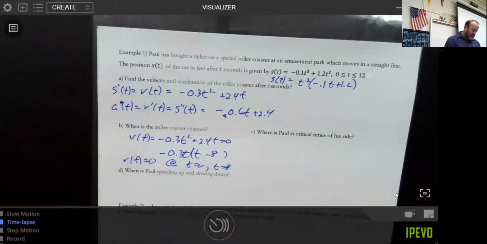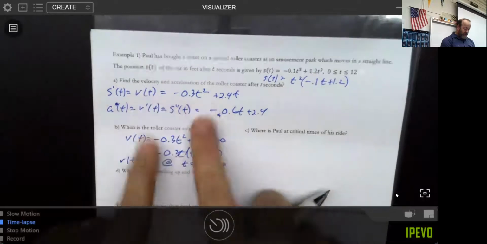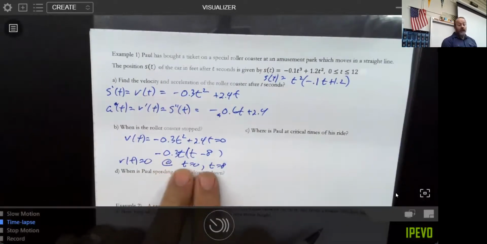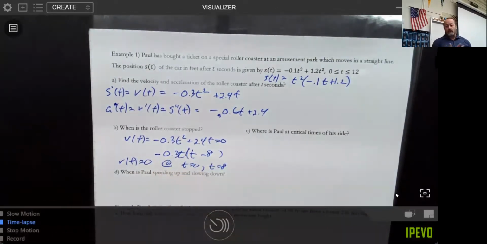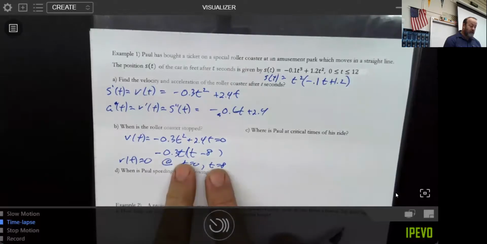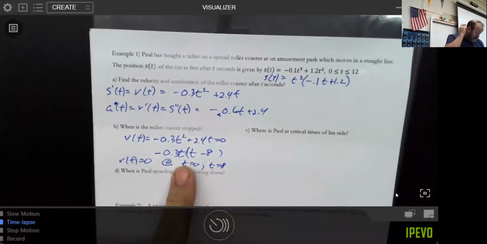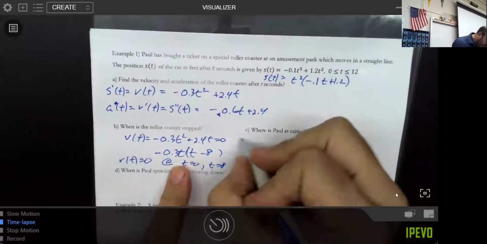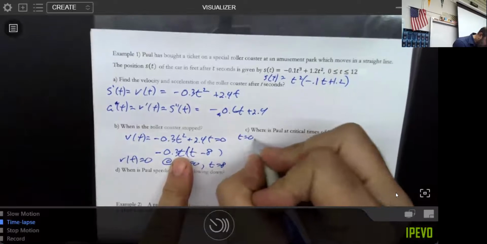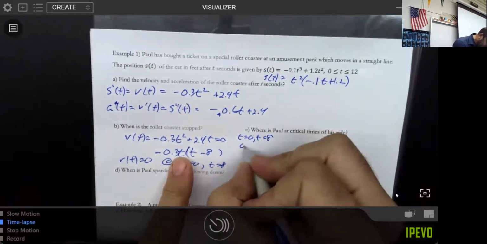In this case, we already took the derivative and found out where it was 0. This derivative is always defined, and therefore there is no other critical value other than those places. So I'm going to write down that t equals 0 and t equals 8 are our critical values.